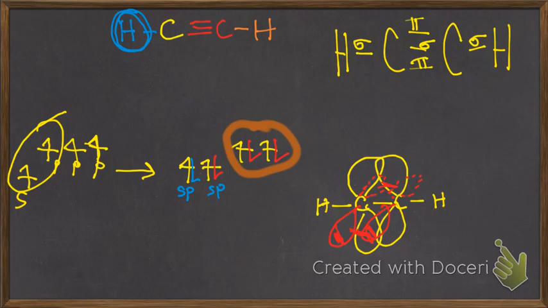And we have to remember this is all in 3 dimensions. But the overall molecule, if we measure the angle from hydrogen to carbon to carbon to hydrogen, it's 180 degrees because it's linear. So that's how we get a triple bond. The triple bond is formed between 2 leftover p's, which make 2 pi bonds, and then you have the one that's the sigma bond. Okay.